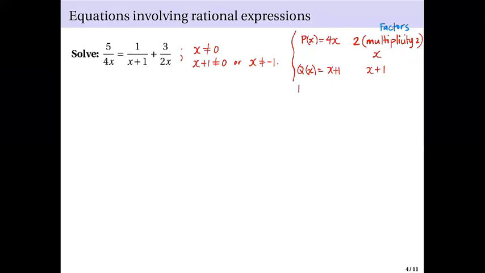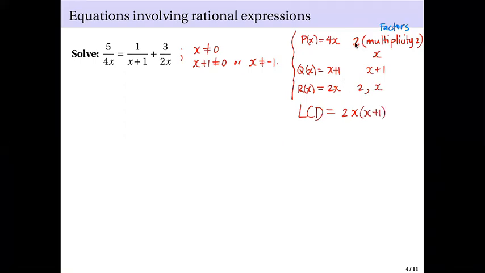And for r of x, if we put this as 2x, the factors are 2 and x. How do we get the LCD? The LCD is the product of all factors appearing. So we have 2, x, x plus 1, and again 2 and x, so this will be 2x times x plus 1.